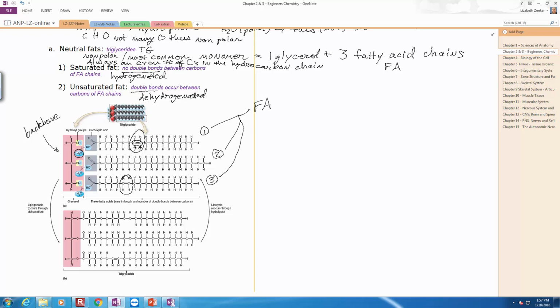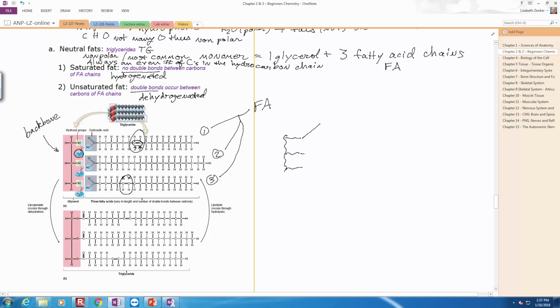Let's see. So one kind of fat, saturated versus unsaturated, would be more commonly found as a liquid, and one would be more commonly found as a solid. So if I tell you that when you see those double bonds, it actually creates a kink in the chain. So this picture is showing the hydrocarbon chain just goes straight across. But it would really be like, here's your glycerol backbone, and here's 1, 2, 3 fatty acids, and here's a double bond, and it would kink up all of a sudden.